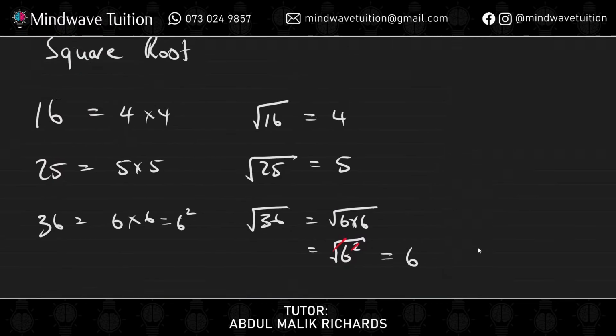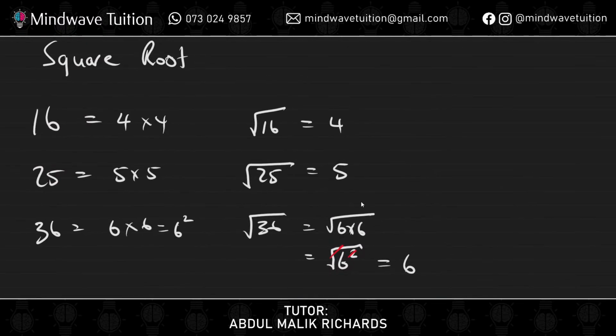I'll show you that again. Here with 25, this is going to be 5 times 5. And 5 times 5 is 5 squared. So take note, I'm only changing things under the square root. The square root stays as is.